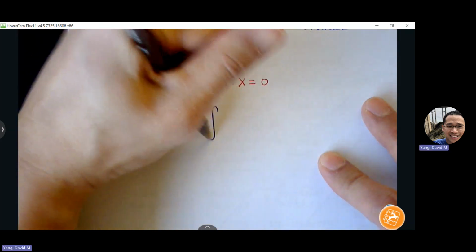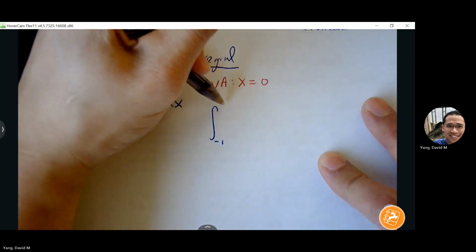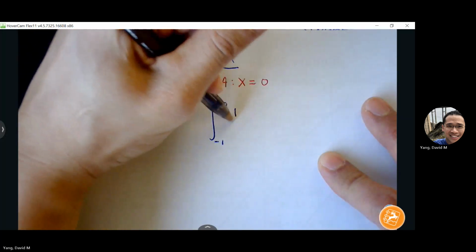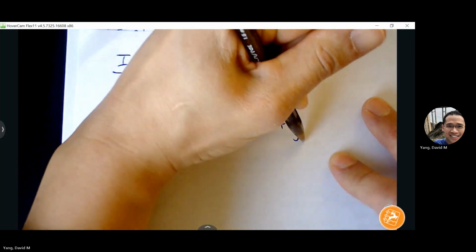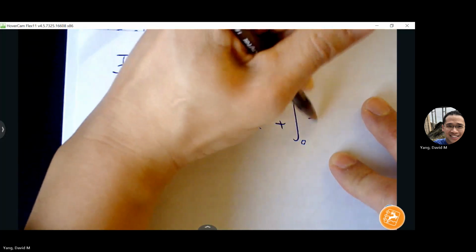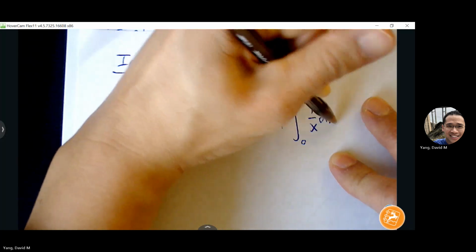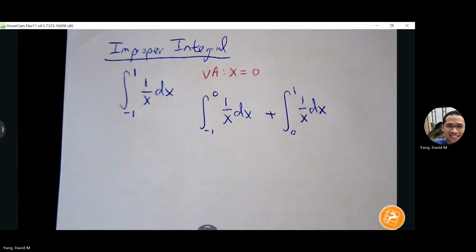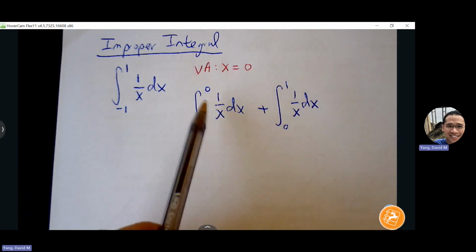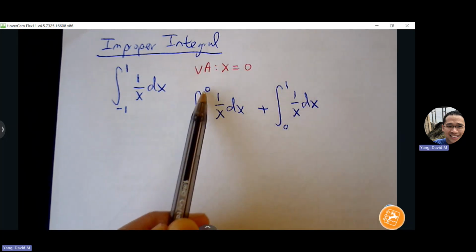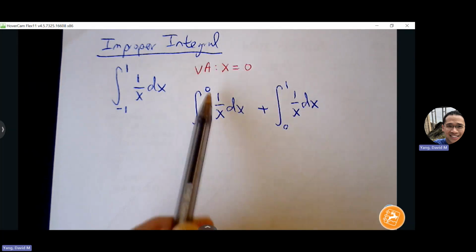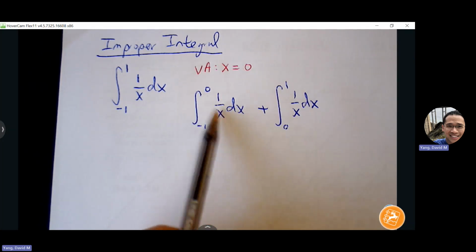So let's split it up. Now we have to be better about how to deal with the bounds, because that 0 doesn't make any sense, since the bound is right at that vertical asymptote.